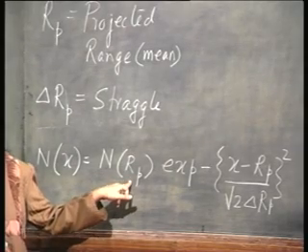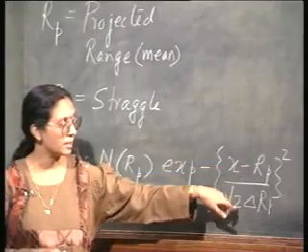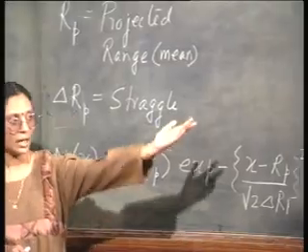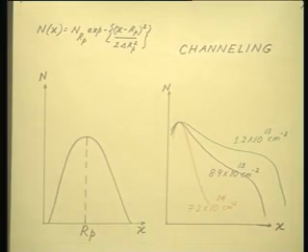So, that is where the peak concentration is located, times exponential of minus (x minus Rp) divided by root 2 delta Rp, whole square. Another form of writing it is there on the card, where I have written it as (x minus Rp) whole square divided by 2 delta Rp square, the same thing basically.